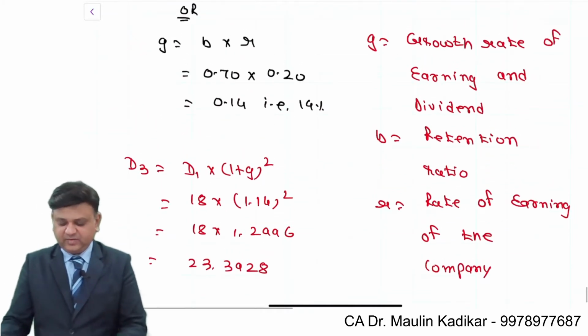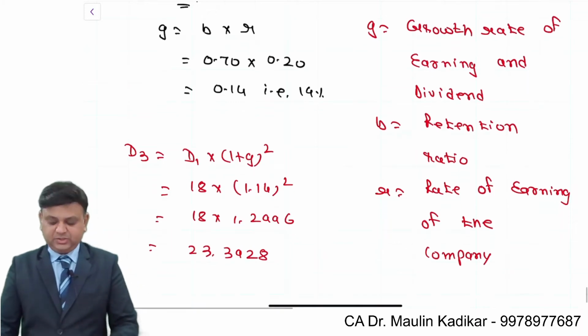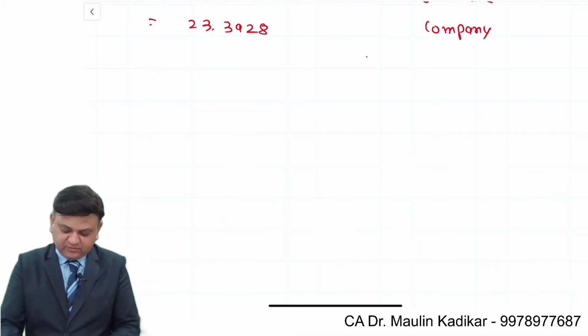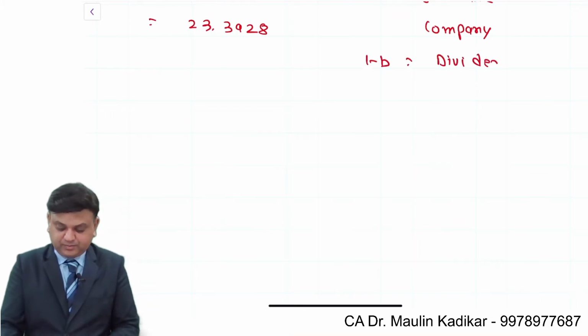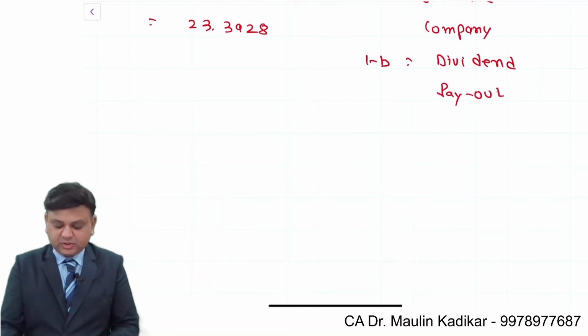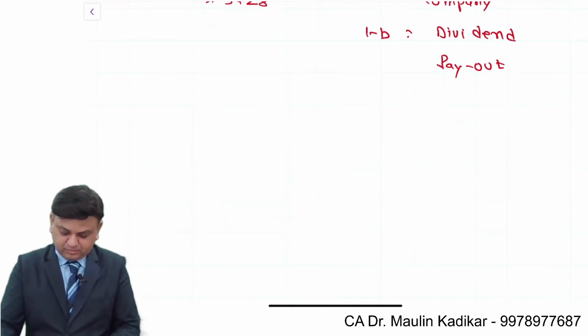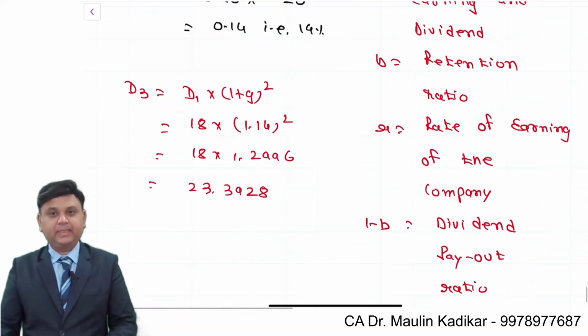That is the way we have the G, B and R. And just for understanding, 1 minus B stands for dividend payout ratio. B stands for retention ratio. So 1 minus B is dividend payout ratio. Read on answer.